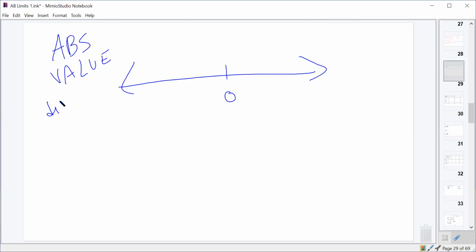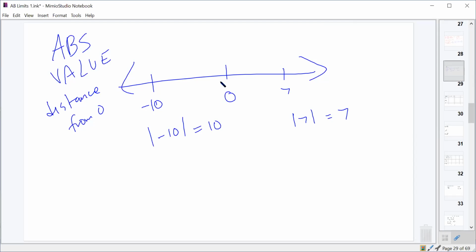Absolute value is the distance from 0 that our point is. So like if here's 7, the absolute value of 7 is 7 because 7 is 7 units from 0, right? Here's negative 10. Well, the absolute value of negative 10 is 10 because the distance from 0 is 10. Easy enough?